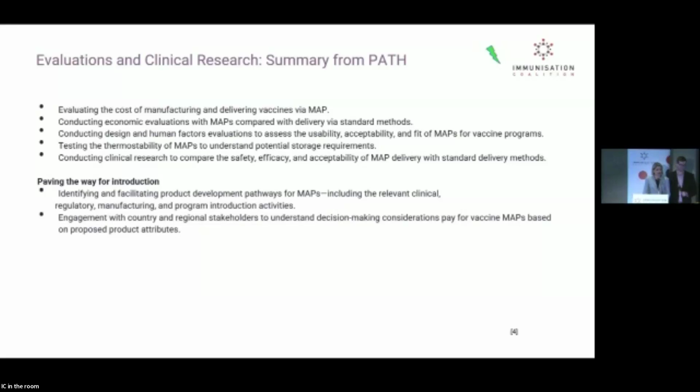There are teams testing the thermostability of microarray patches to understand potential storage requirements, and also teams conducting clinical research to compare the safety, efficacy and acceptability of microarray patch delivery with standard delivery methods. In terms of paving the pathway for introduction, identifying and facilitating product development pathways for microarray patches, including the relevant clinical, regulatory, manufacturing and program introduction activities, is very important, as is engagement with country and regional stakeholders to understand decision-making considerations to pay for vaccines via microarray patches based on proposed product attributes.